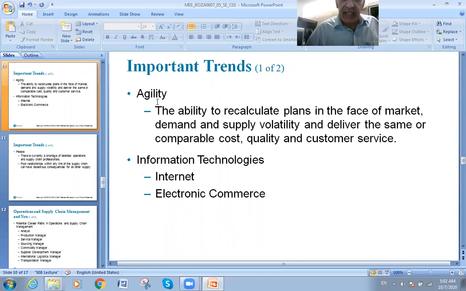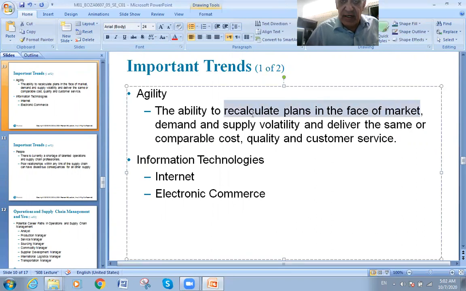What is agility? The ability to recalculate plans in the face of market changes. Recalculate, why? It's a kind of scenario planning we do for the markets, because the market is always volatile and fluctuating.